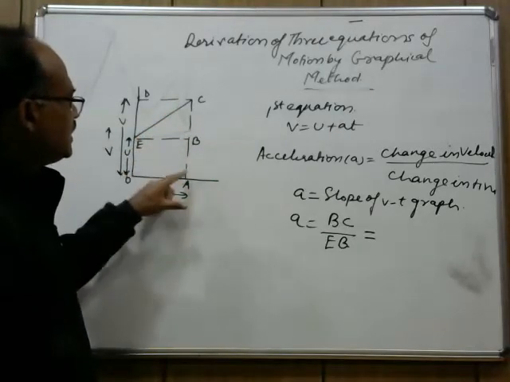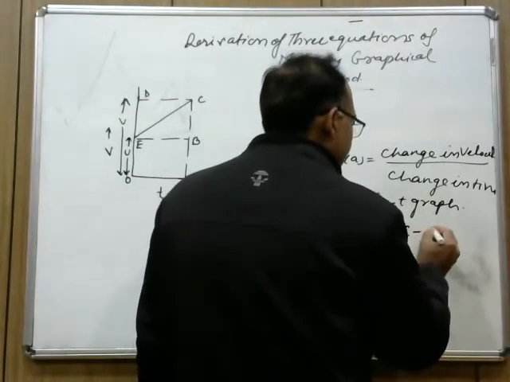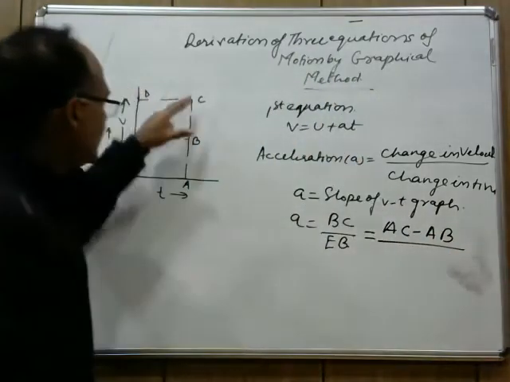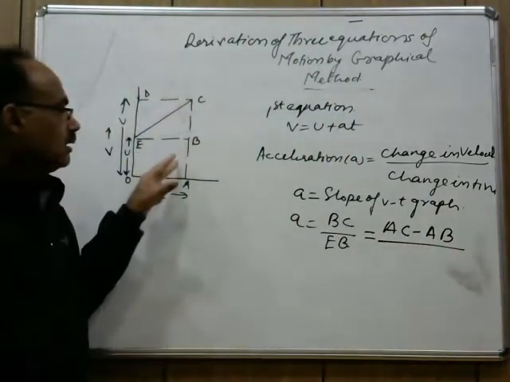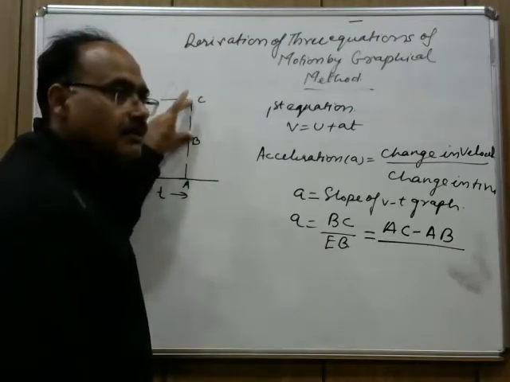Now see in the figure, this BC can be written as AC minus AB. AC, this complete distance, minus AB is equal to BC.